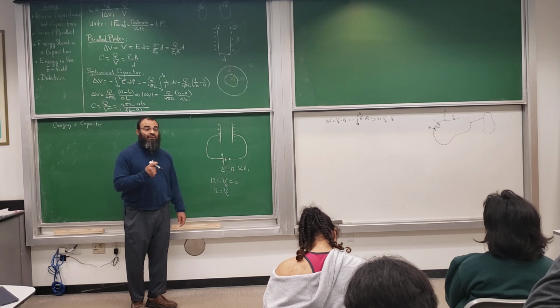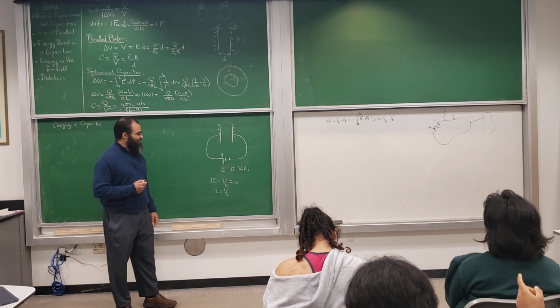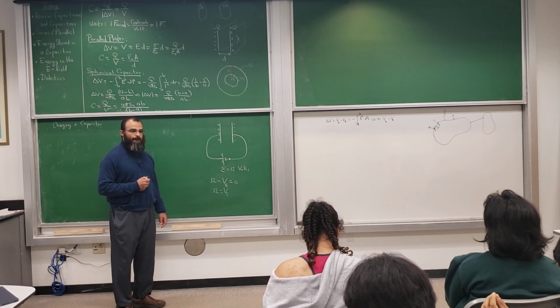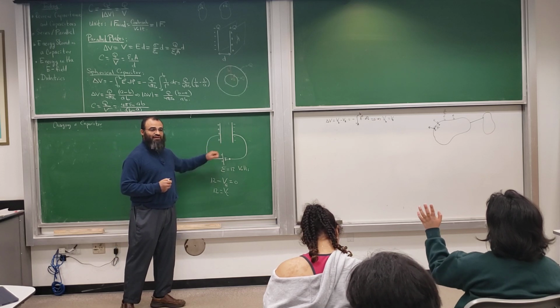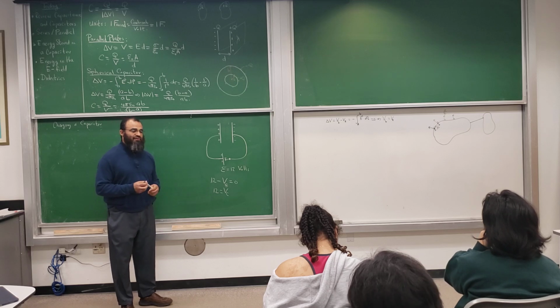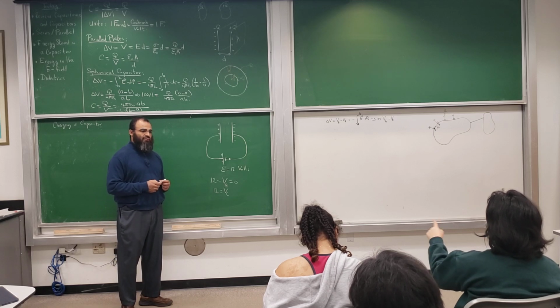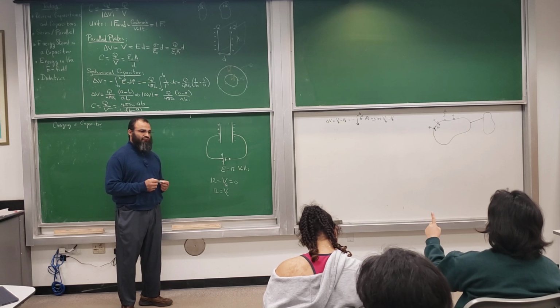So in the capacitor itself, are there actually photons shooting from the positive side to the negative side, which is empty? Yeah, this is empty space. I'm assuming that the current in the circuit is made out of electrons, not photons.